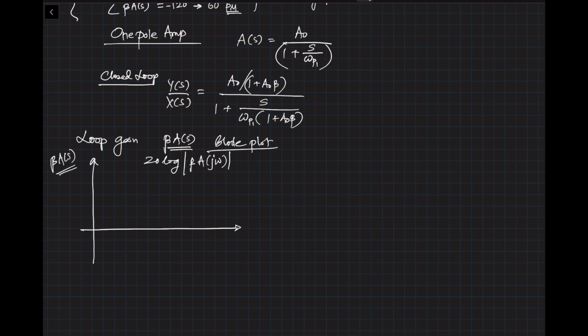And on the x-axis here we have omega, frequency. So from the Bode plot we know that it's going to look like this because it's a one pole system. It should look like this, and this would be our first pole frequency, omega p1, and this is where we hit 0 dB when we cross the x-axis.